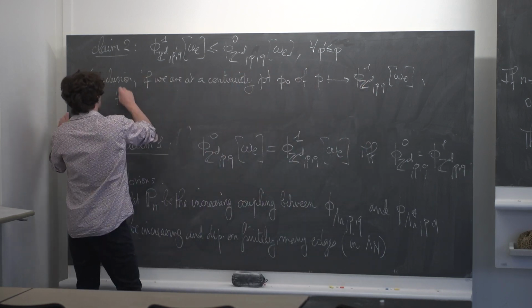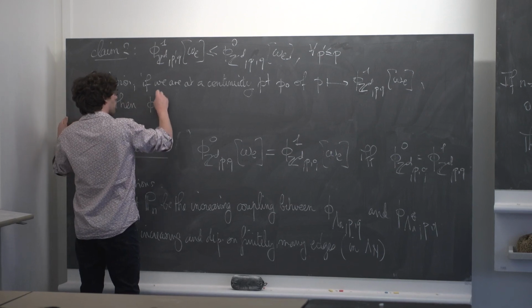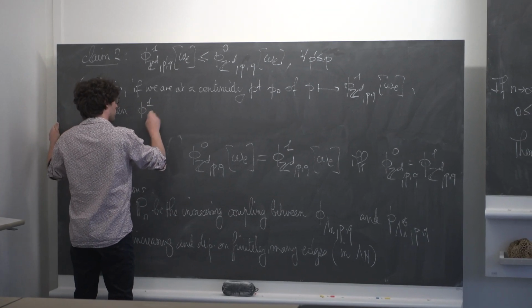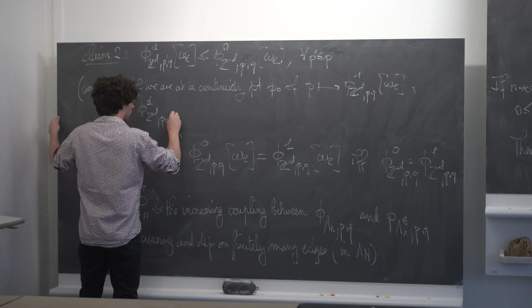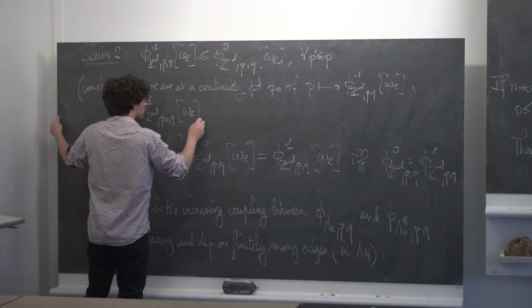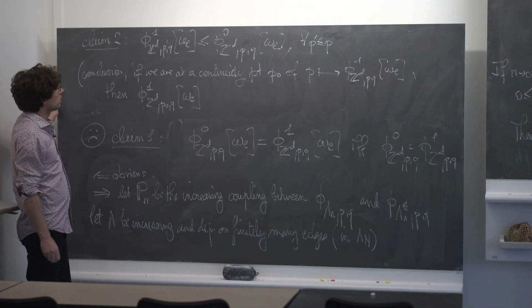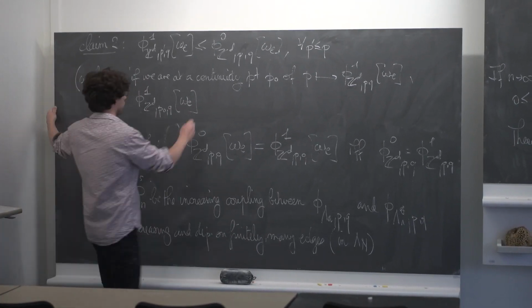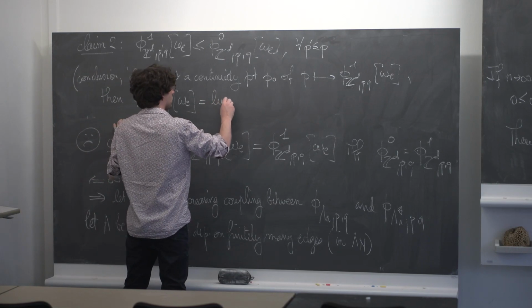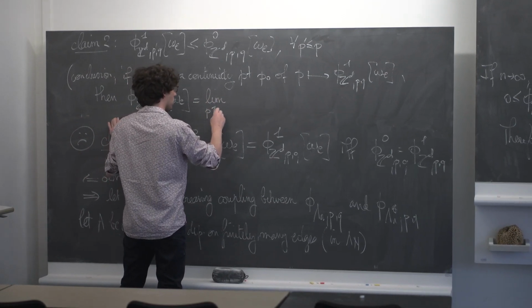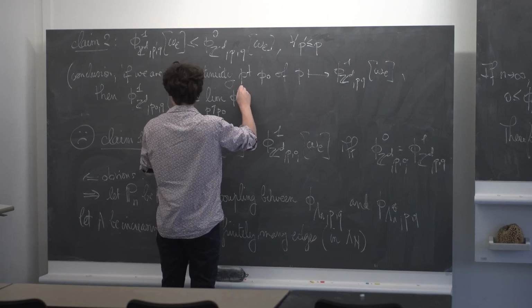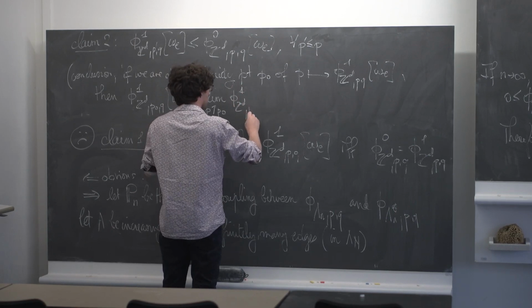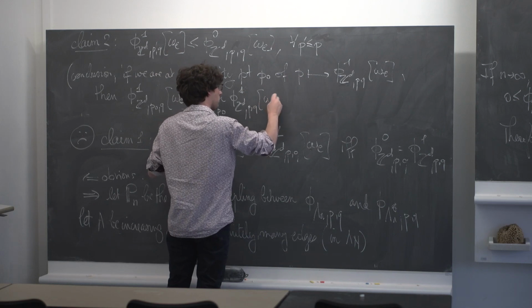Then phi 1 P0 of omega E is equal to the limit when p tends to P0 of phi 1 ZdPQ of omega E.